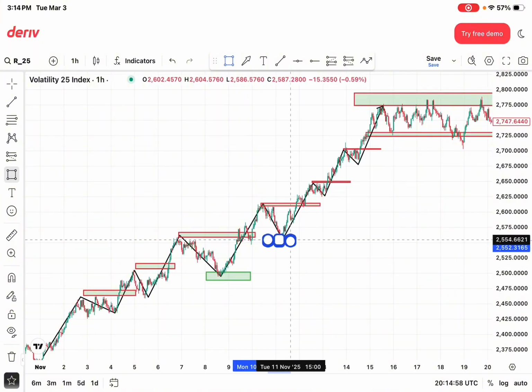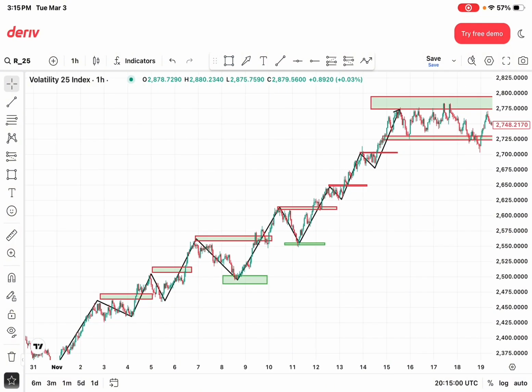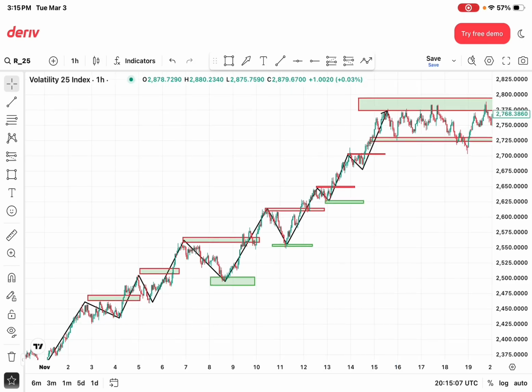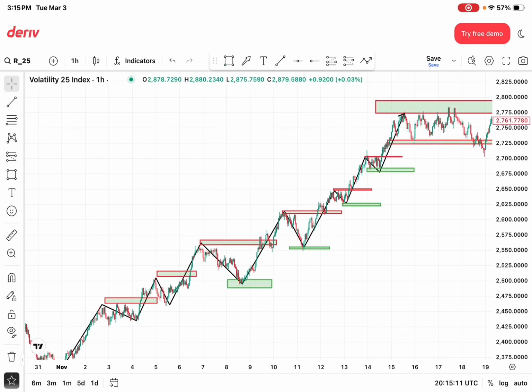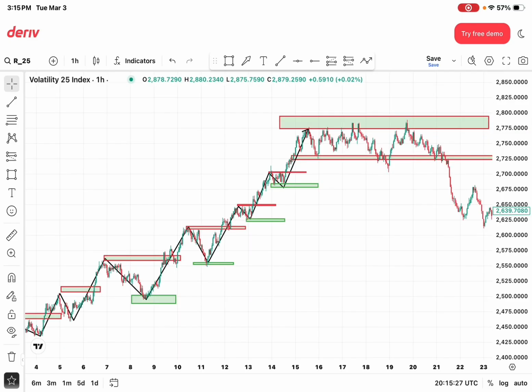Price is making higher lows, higher lows, higher lows. So the red one is higher highs and the green one is higher lows. You see price come back and break this higher low. It doesn't break the previous higher highs, higher lows.